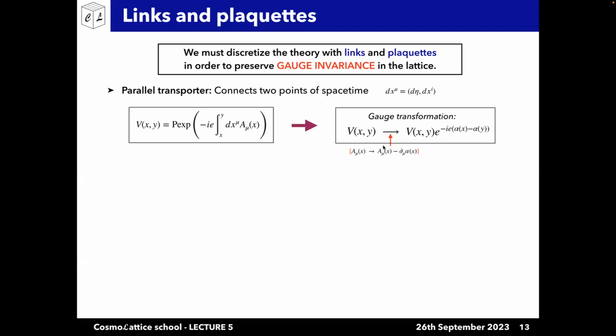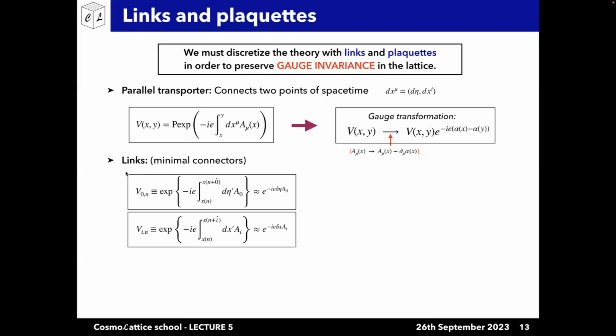When you do this gauge transformation of the gauge field, the only thing the parallel transporter does is include this exponential term that depends on alpha x and alpha y, where alpha x and alpha y are the gauge transformation parameters at points x and y. This will be a convenient property, as we shall see. So basically, this parallel transporter connects arbitrary points on the lattice.